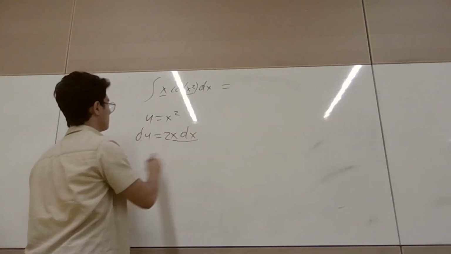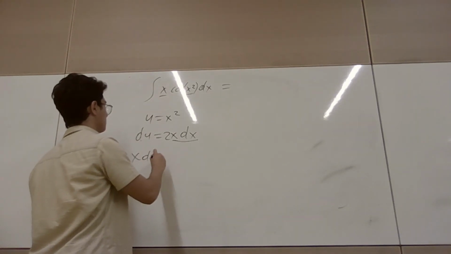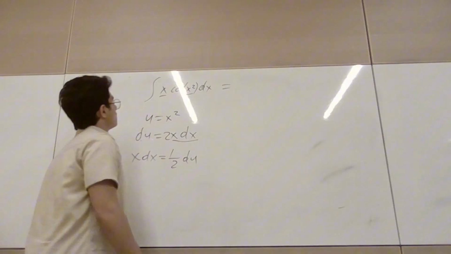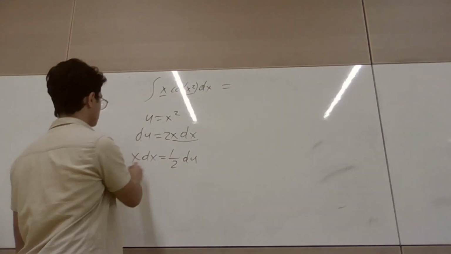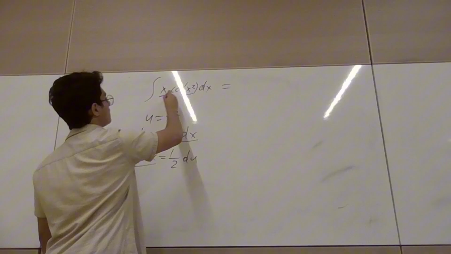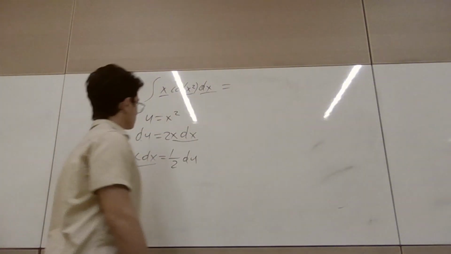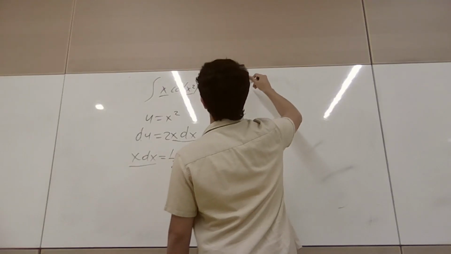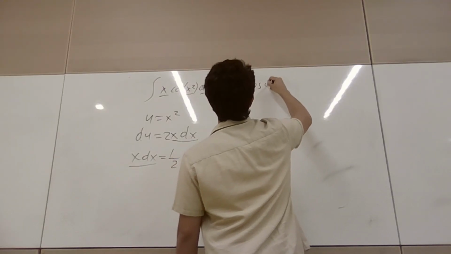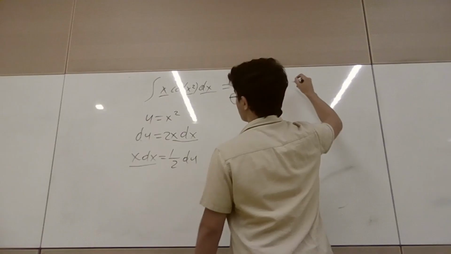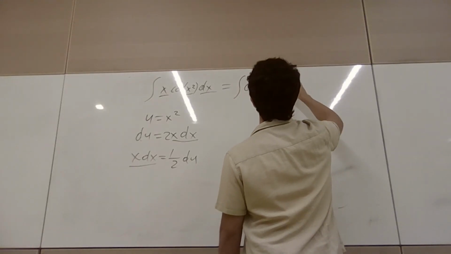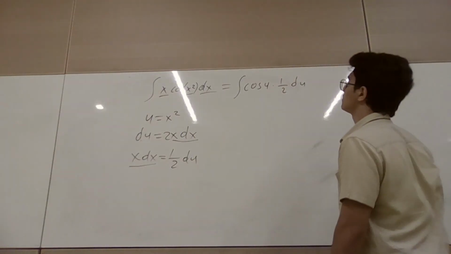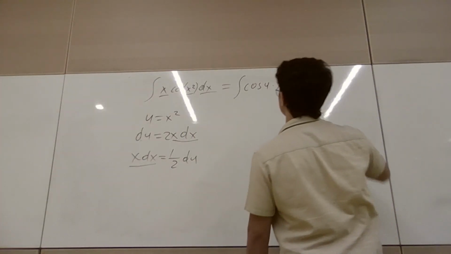And we can say x dx is equal to 1 over 2 du. So here we substitute x dx, and we get the integral of cosine u multiplied by 1 over 2 du.